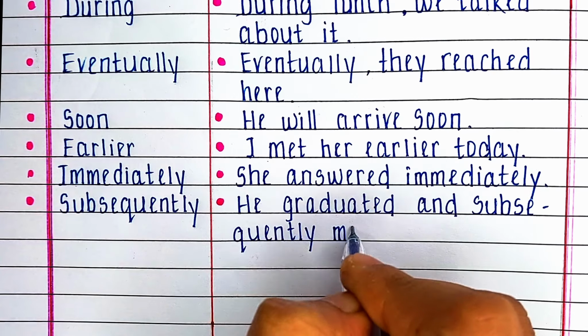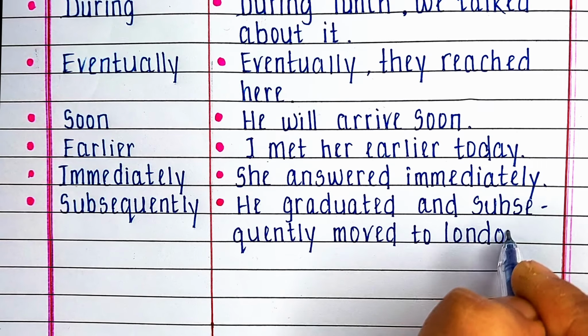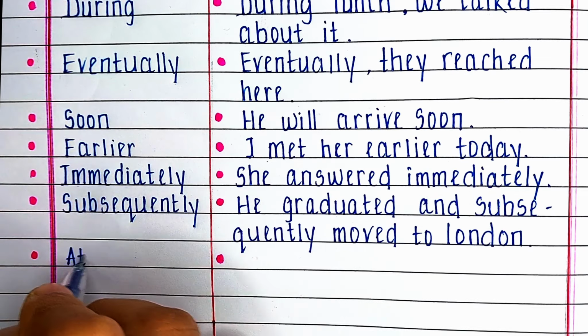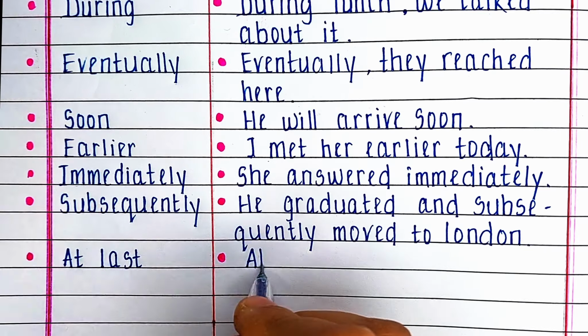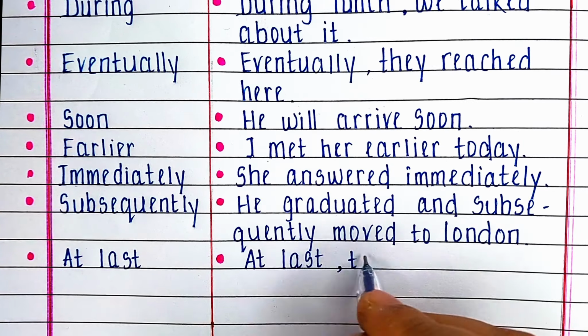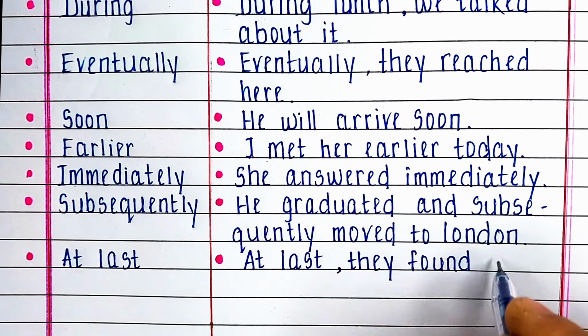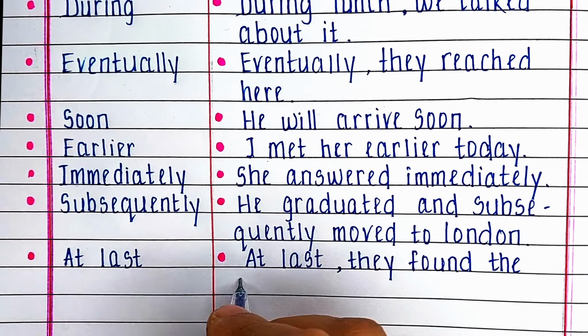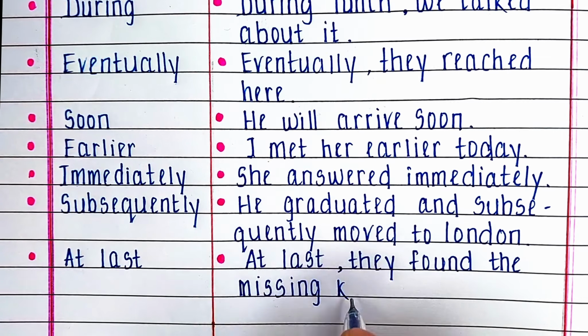Example, he graduated and subsequently moved to London. Next word, at last. Example, at last they found the missing key.